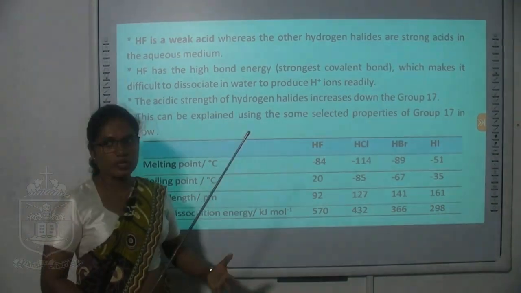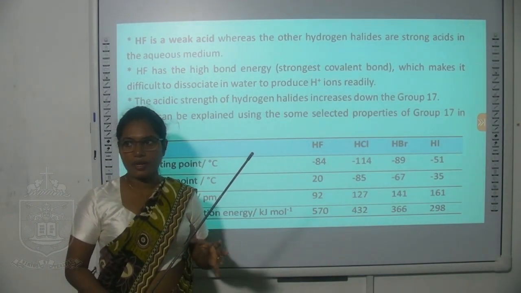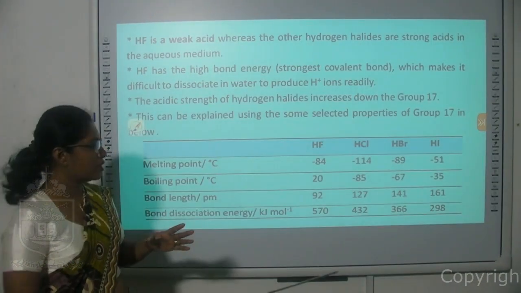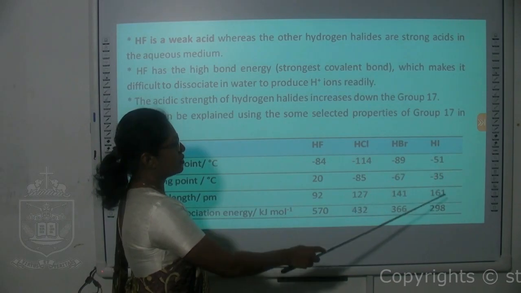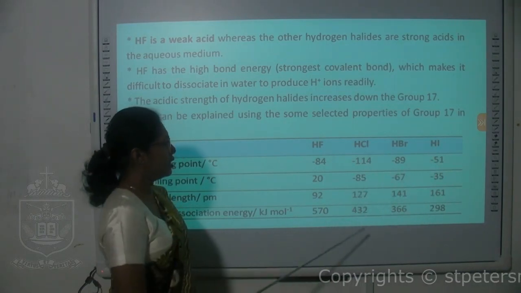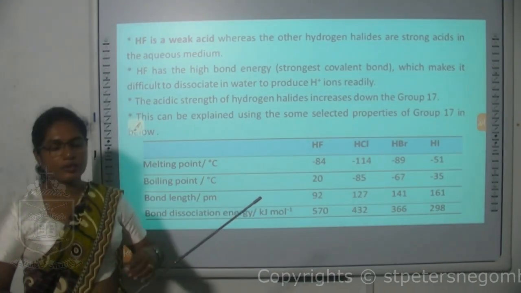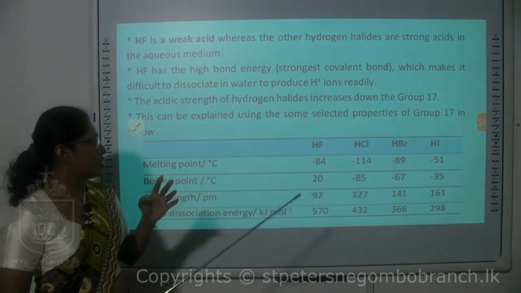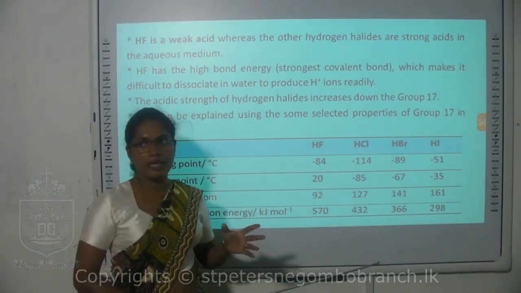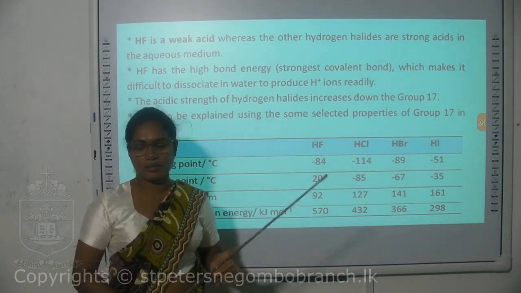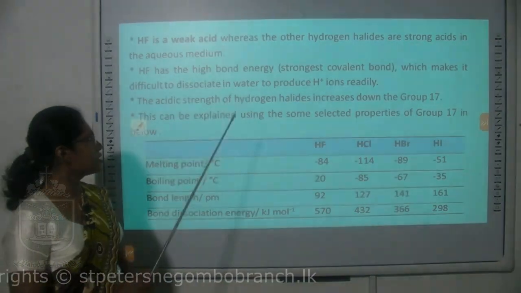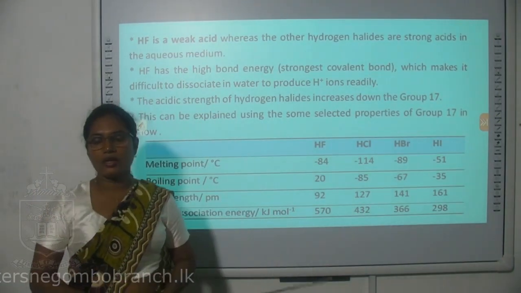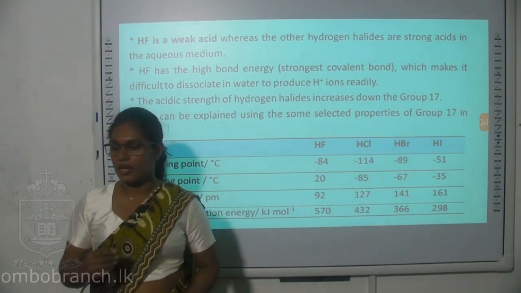When bond dissociation energy is a higher value, it is hard to dissociate. When it has a lower value like HBr, HI and HCl, it is easy to dissociate totally. And totally dissociated hydrogen halides are stronger acids. So I think you can understand the difference in acidic nature of these hydrogen halides.